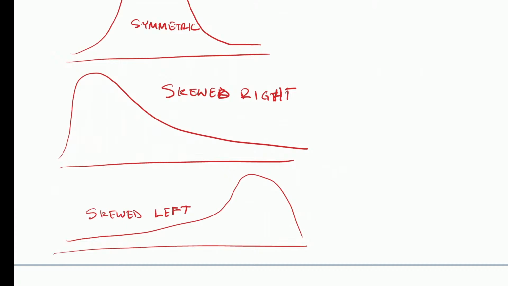So it's skewed to the right. And over here on this one, most of the observations are here, and then you have a few that got kind of pushed off that direction. So it got skewed to the left. So I know it doesn't feel right. If it feels backwards, I agree.